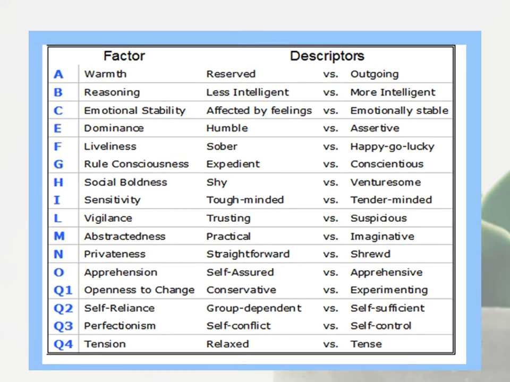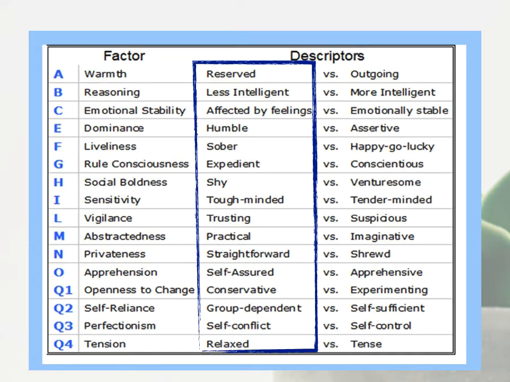Now, I want you to see on the right side of the factors, you have two different columns. These two columns represent the interpretation of the client's scores on each factor depending on where they fall on the spectrum. If the client's score, for factor A, which is warmth, falls on the left side, the description would also be on the left side.